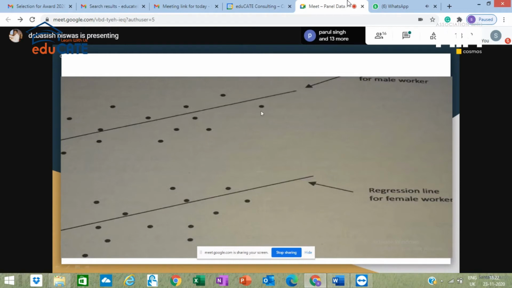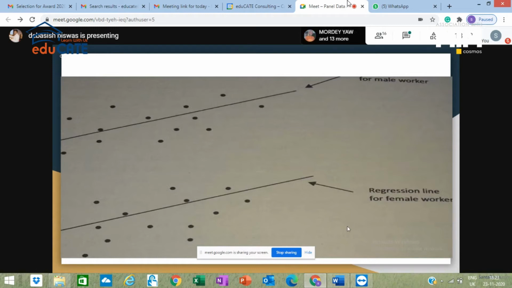There are two lines, right? This line is the regression line for female workers, and this upper line is the regression line for male workers. And initially I told you, along the y-axis we are measuring the earnings of the workers, and along the x-axis we are measuring the level of education of workers.